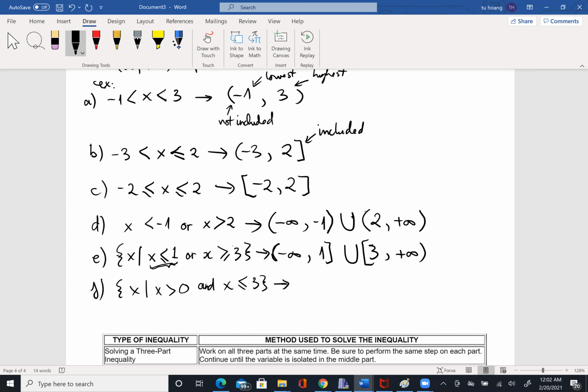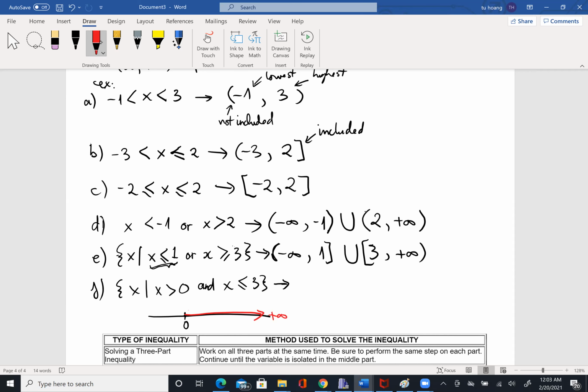the intersection between these intervals is actually like this. If you draw it, 0 is here, and from 0 you go to positive infinity.